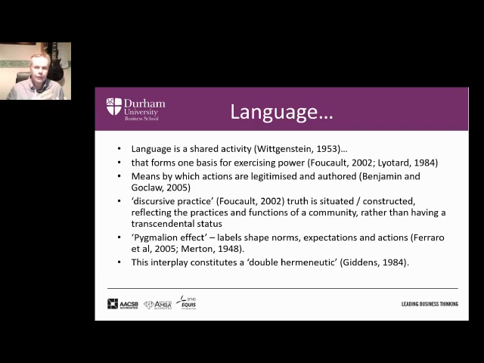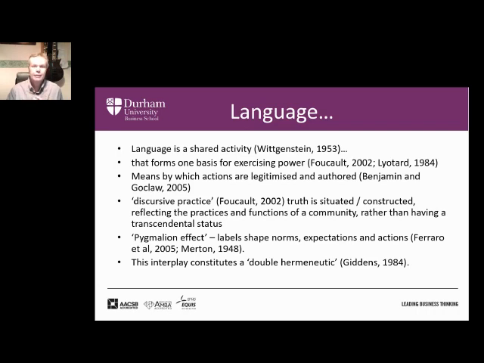So when we think about documents, they're based in language, of course, but they're not simply representing the world. They are creating the world. They're a means of exercising power. And there's this really interesting idea by Foucault, which is of a discursive practice. So he says that language and texts, important texts, and also talk as well, is situated.